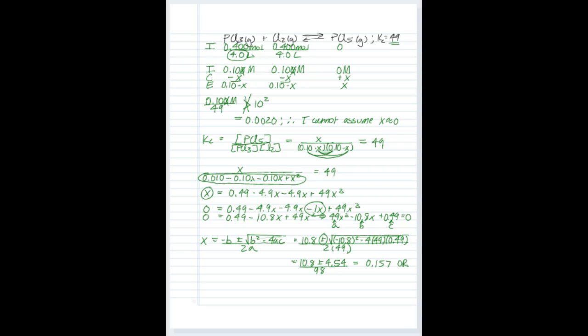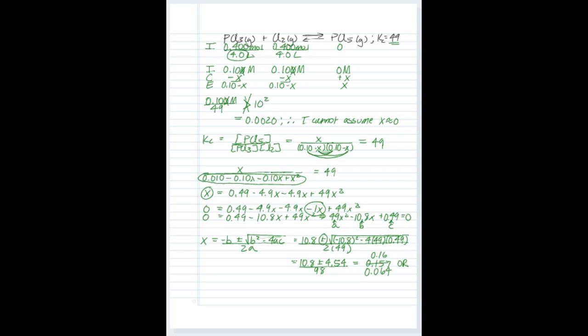Or if I do the minus operation, subtraction, 10.8 minus 4.54, and divide that by 98, then I will get 0.064. And actually, I'm going to write 0.16. I'm going to try to honor my sig figs as I go because I've got 2 sig figs in my denominator here. So we've got two choices. We've got 0.16 and we've got 0.064. These are our two choices for x.